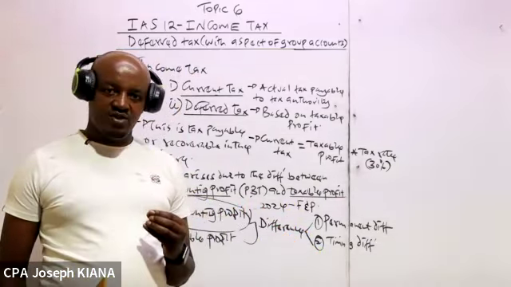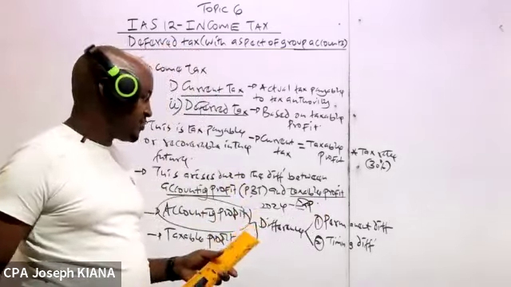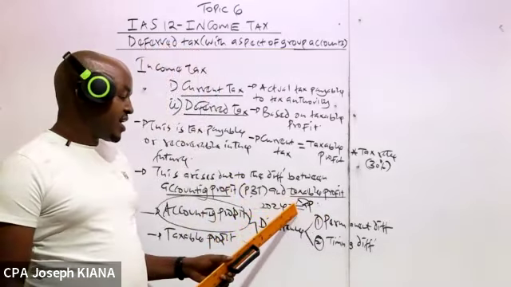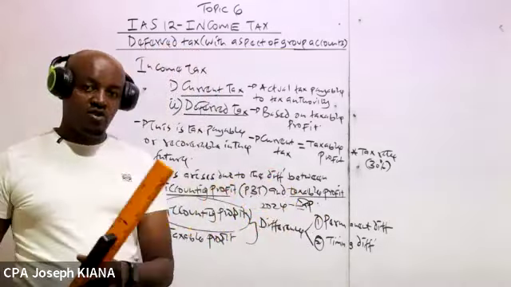In this case, you can be told a company incurred a certain expense in the year 2024. This expense was accounted for in computing the accounting profit of 2024, but it should only be treated as an allowable expense maybe in the year 2026.